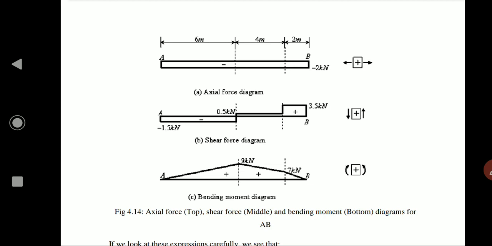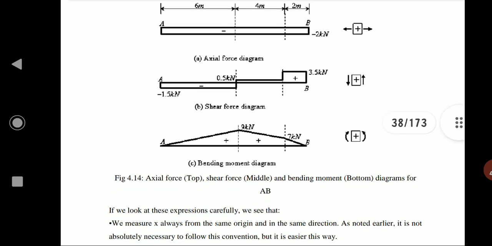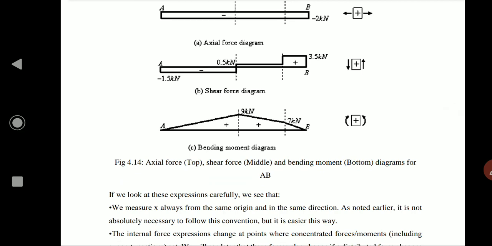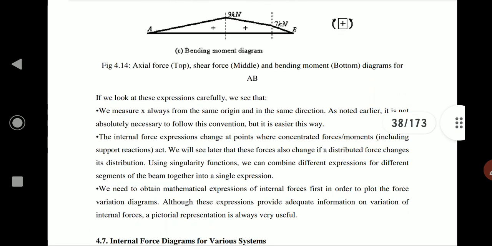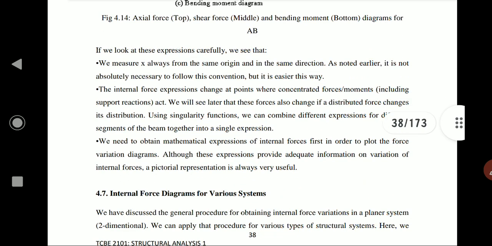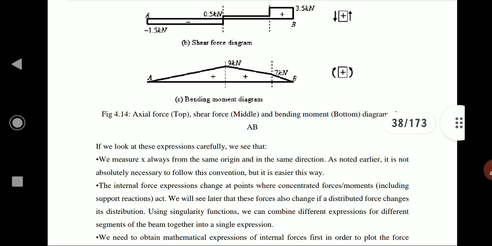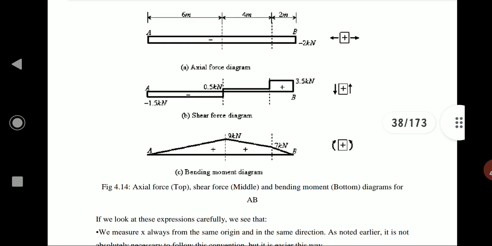Sign convention for P is negative 12. For the shear force, it's negative and then positive. Then the bending moment is maximum at 9 kilonewton-meters. So that's how we determine the internal forces at a given distance x.